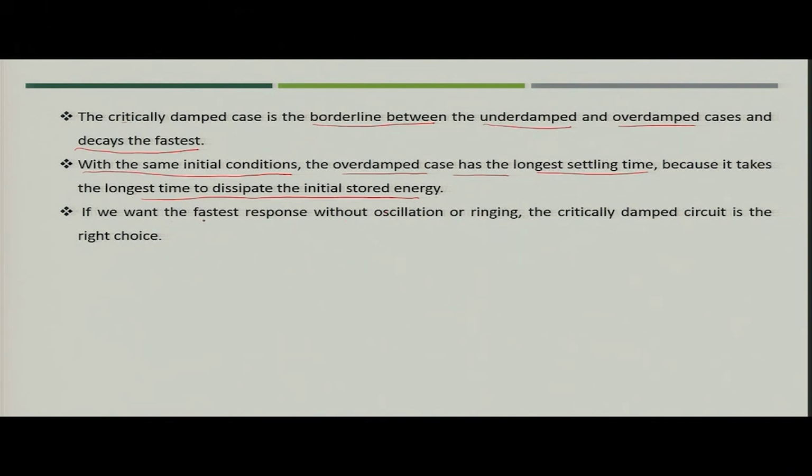Now, if we want the fastest response without oscillation or ringing, what we need to do? We have to make the system a critically damped circuit. So, in that case we will get the fastest response without any oscillations.